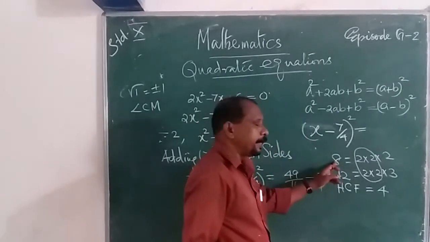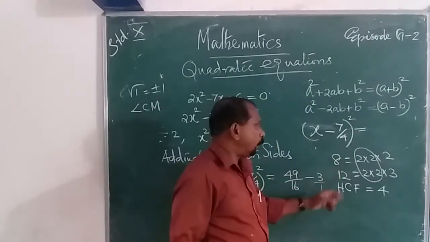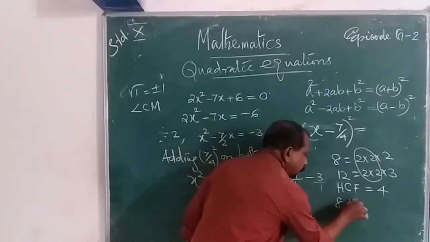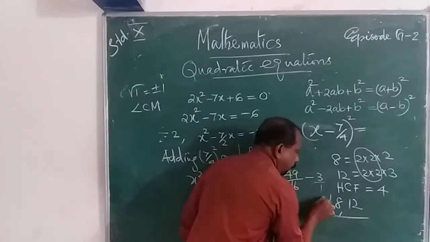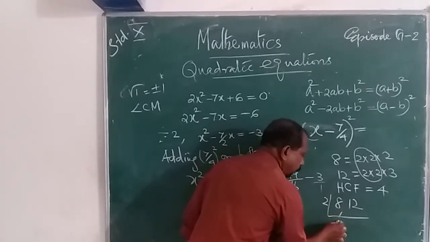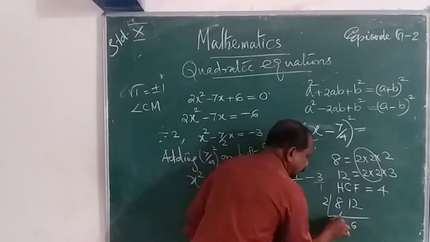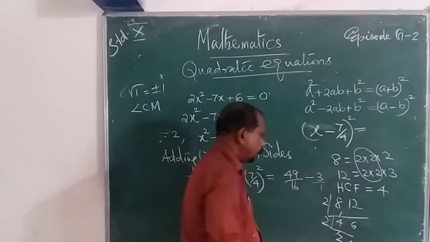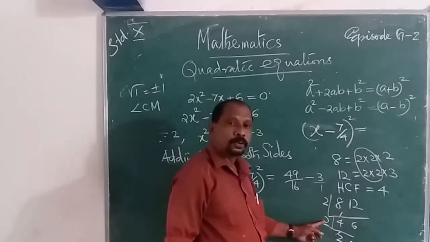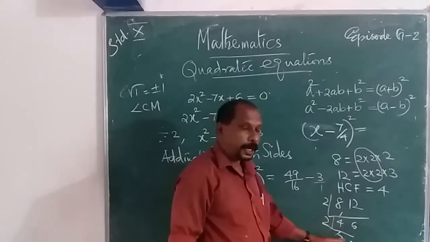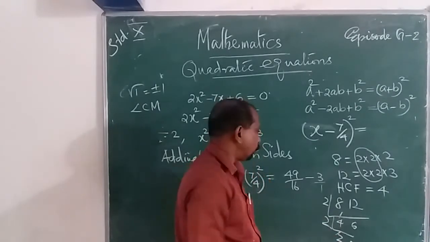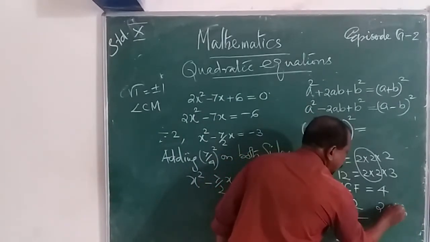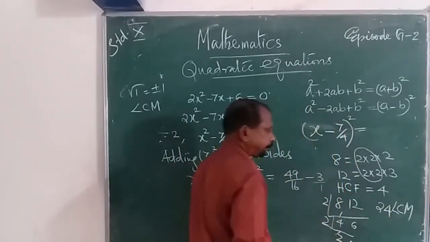But for 8 and 12, we can factorize: 8, 12, divided by 2, 4, 6, divided by 2, 2, 3. Then 2 into 2, 4 into 2, 8 into 3, 24. Therefore, 24 is the LCM.